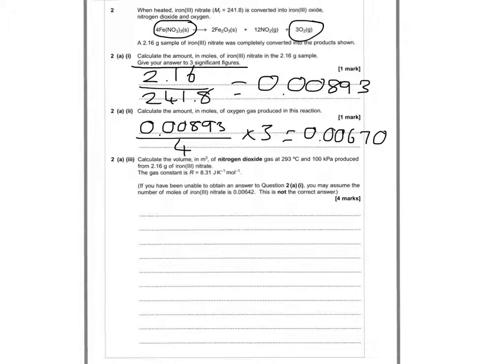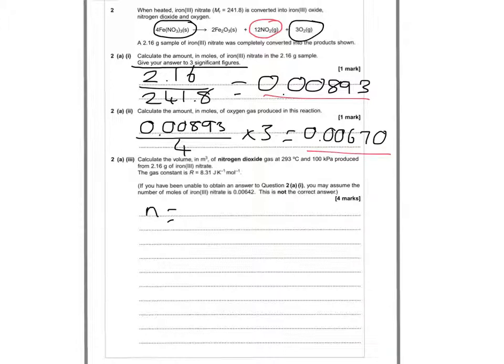Part 3, calculate the volume in metres cubed of nitrogen dioxide gas. They've given you the temperature and the pressure produced from the original amount of iron 3 nitrate. So this time we need to work out the moles of nitrogen dioxide, which is there in the equation. So the moles, firstly, you've got to work out by taking either the moles of iron 3 nitrate or the moles of oxygen. It doesn't matter which way you do it.